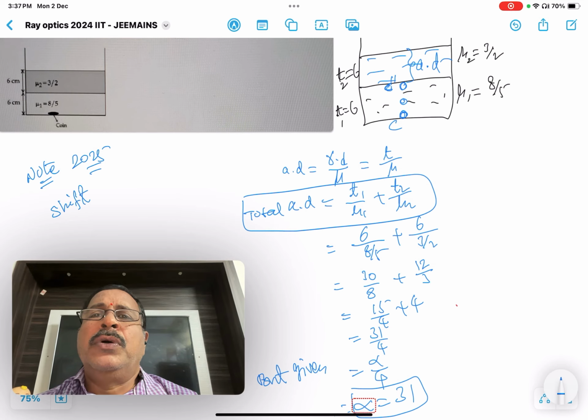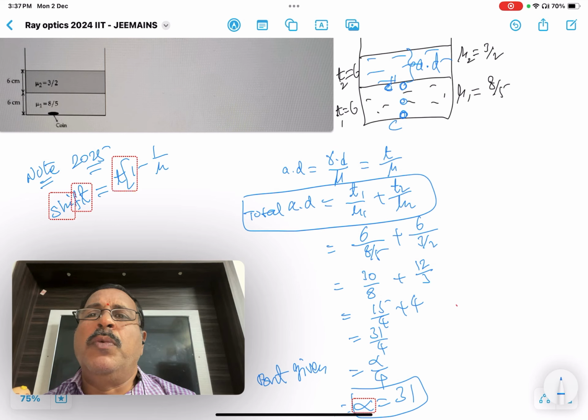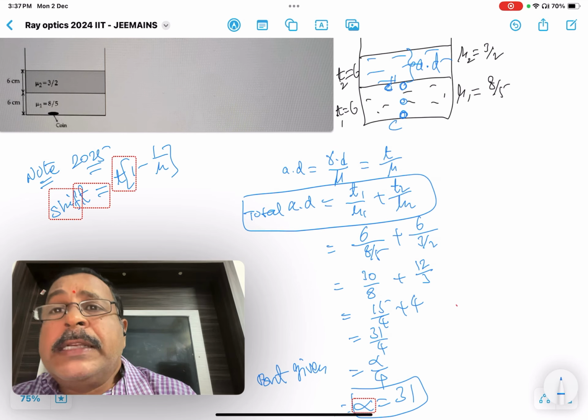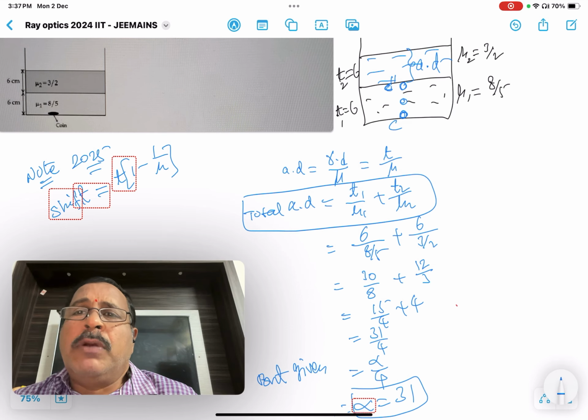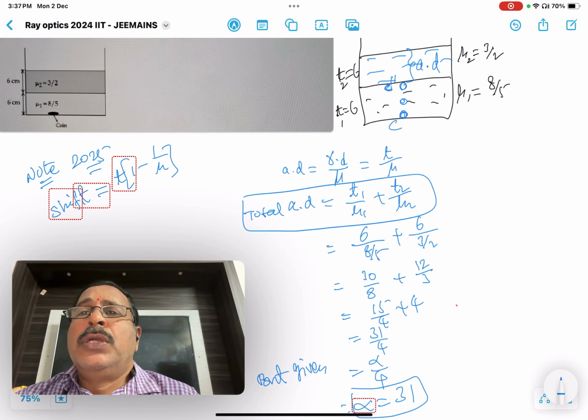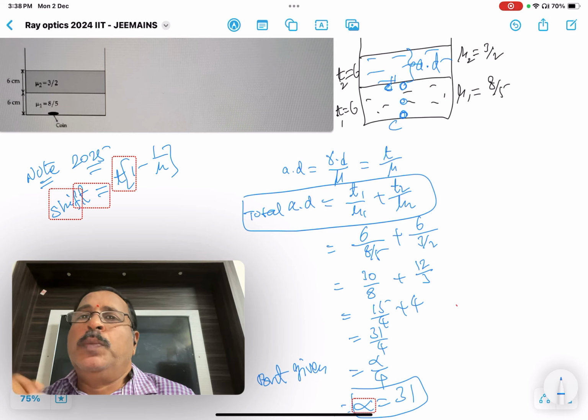Shift is nothing but T times (1 minus 1 by mu). This is the formula. If two liquids are given, the total shift is T1 into (1 minus 1 by mu1) plus T2 into (1 minus 1 by mu2). So I'm expecting a shift problem in 2025, in phase 1 as well as in phase 2.